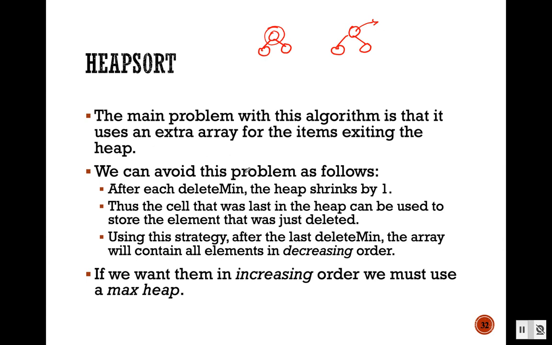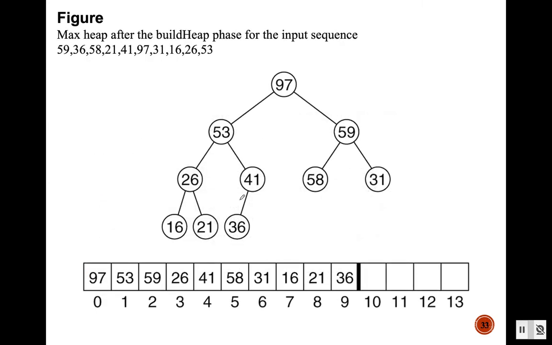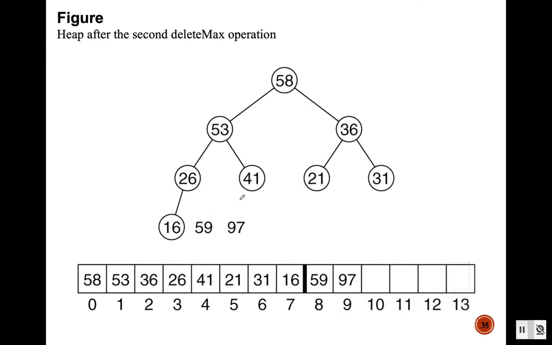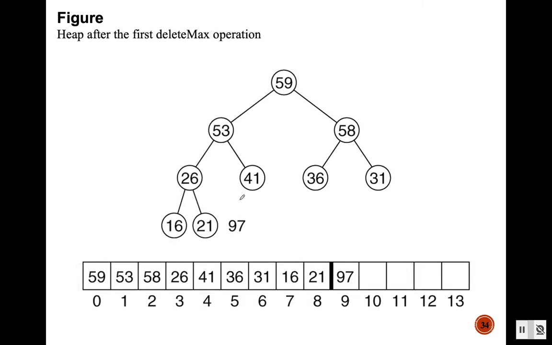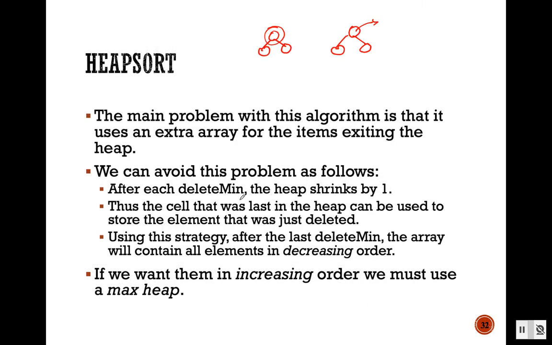So delete min or delete max is equivalent to taking the value with the maximum priority. We saw the build heap algorithm, which has order of n runtime, and we saw how to implement the heap sort algorithm. That is all for now about the topic of heap.